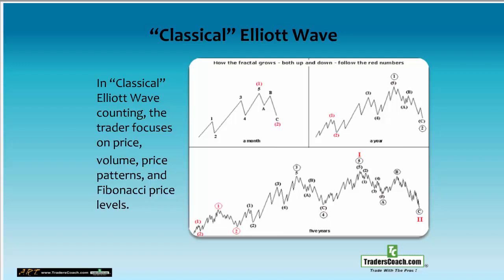So in the chart on the left that says a month, notice the 5 waves inside wave 1 labeled by the red 1, and then an ABC labeled by the red 2. Well, if we take this chart and move it over to the right and put it on a longer term chart, now you can see the 1 and 2 in red, which represents just a month, and it's part of a larger trend.